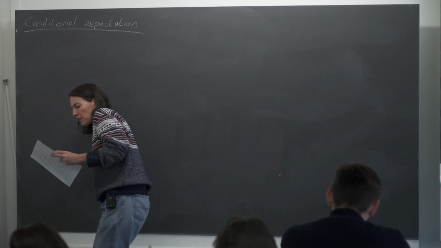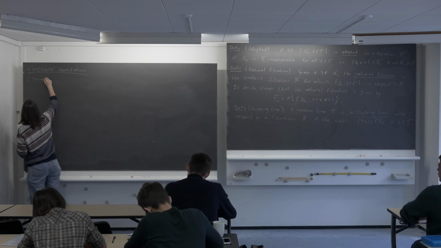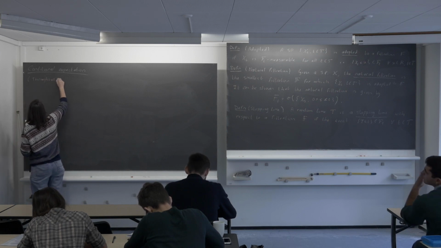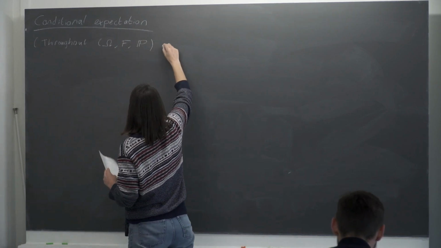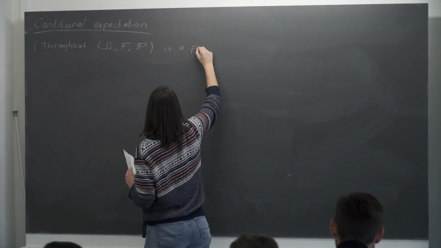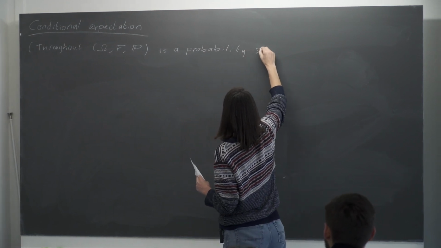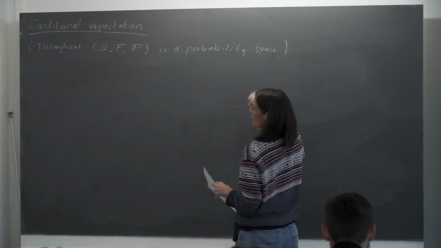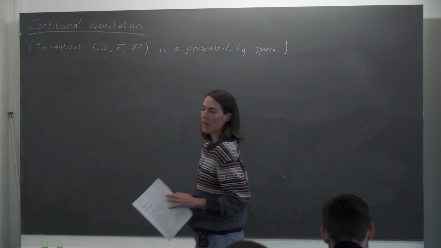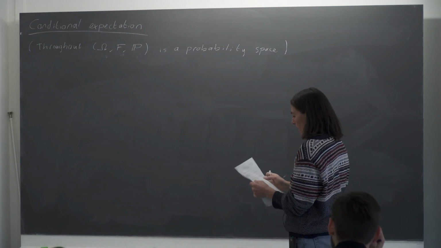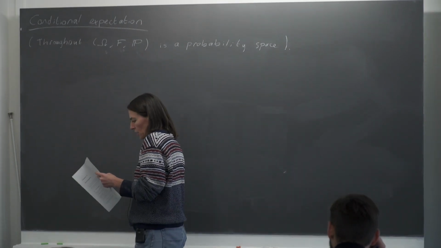Throughout this section, we're going to take (Omega, F, P) to be a probability space. I won't explicitly mention this, but underlying everything we have a sample space, a sigma algebra, and a probability measure on that sigma algebra. And just a bit of notation.